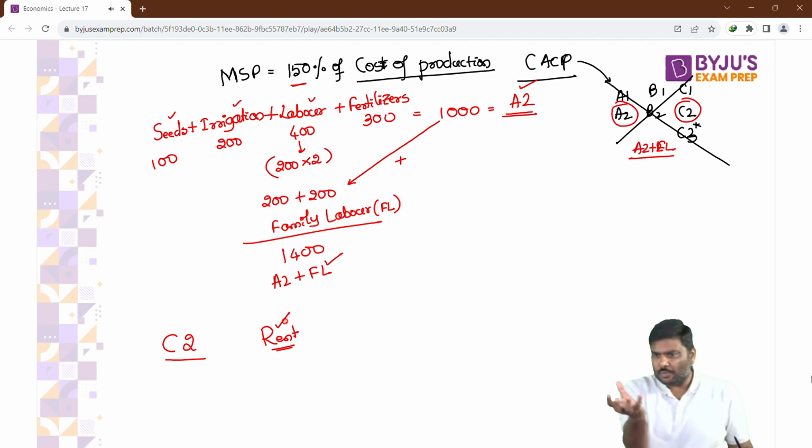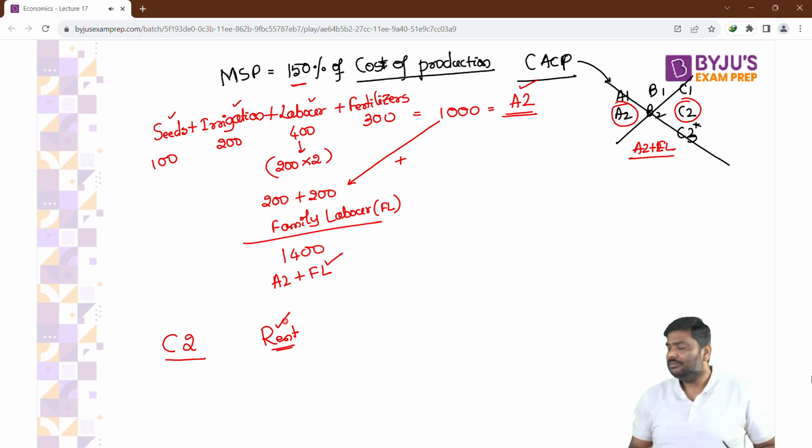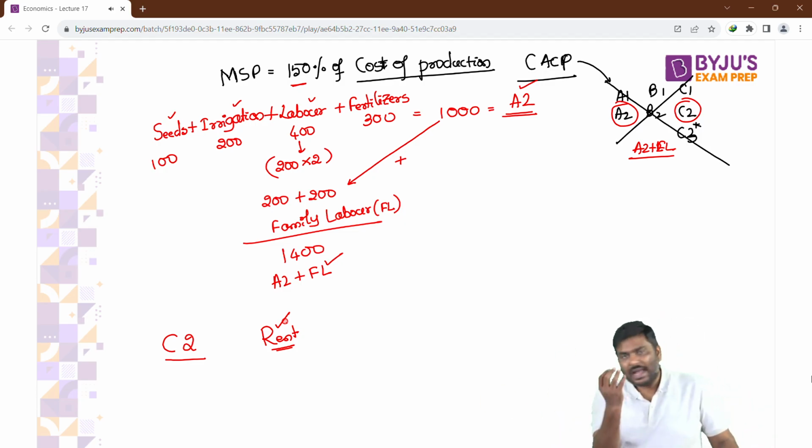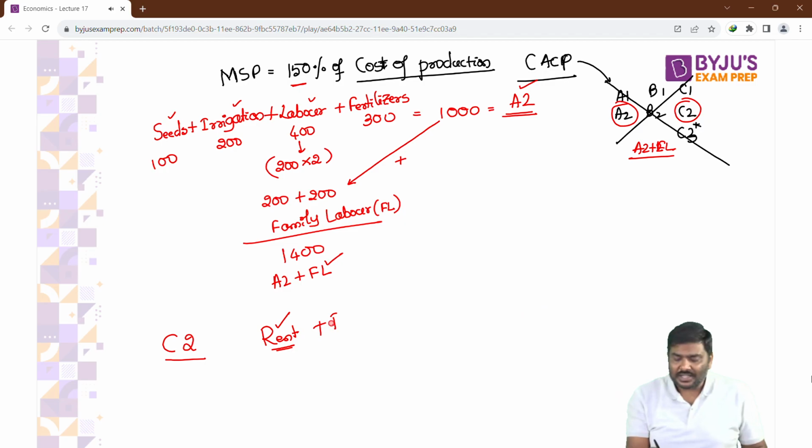What if I spend 100 rupees to purchase a certain asset rather than keeping 100 rupees in the bank account? Am I foregoing interest on it? Please participate now. Of course, yes.